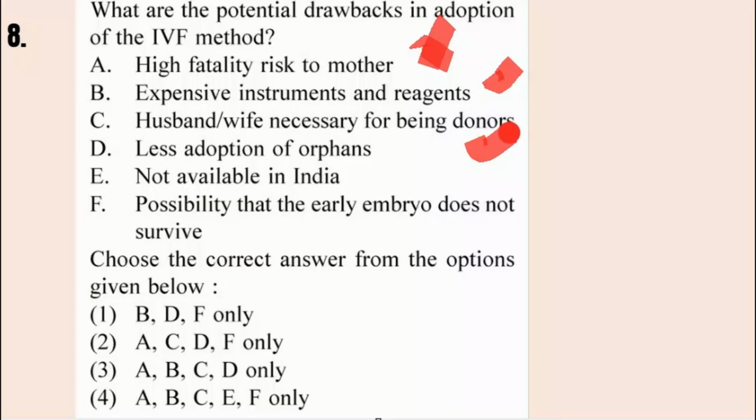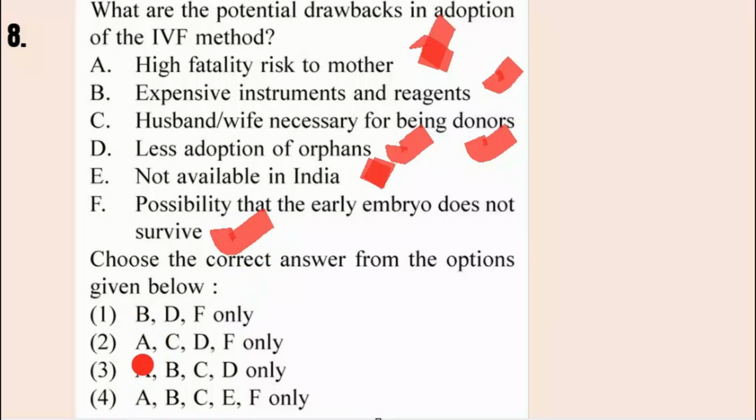That is also there. D. Less adoption of orphans. That is also there. E. Not available in India. That is wrong. It is available. Option F is possibility that the early embryo does not survive. Possibility is there.